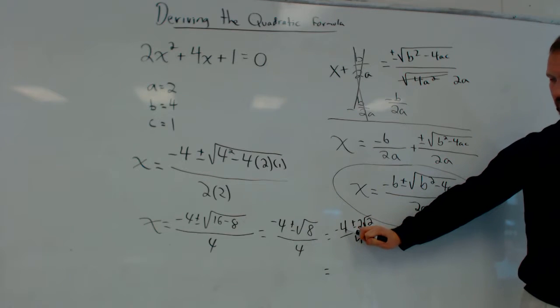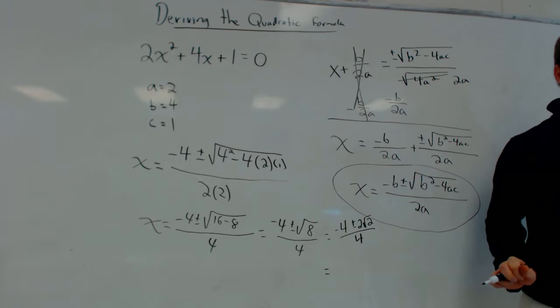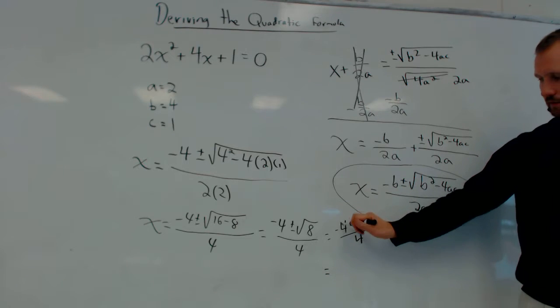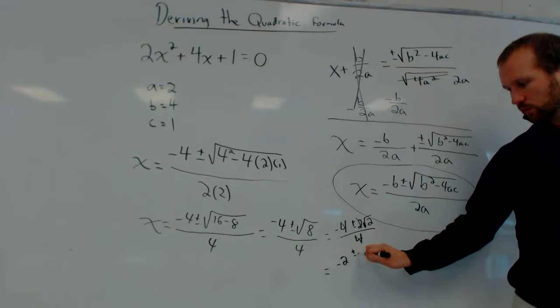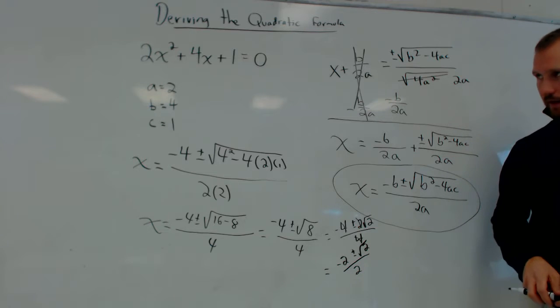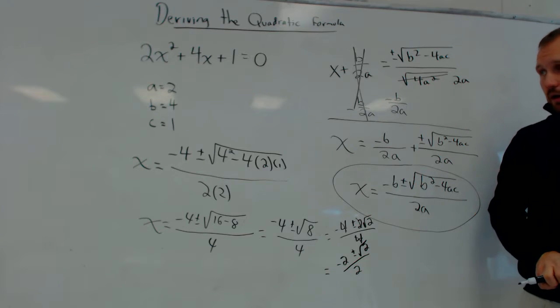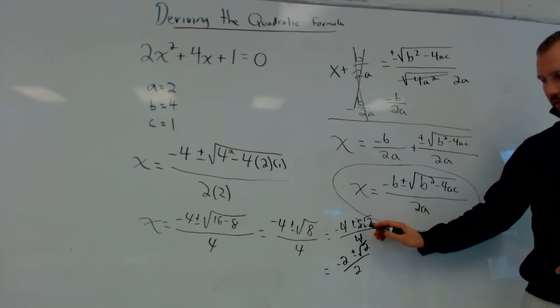Every single one of these terms has a 2 in it. So I can cancel 2. So the final answer to this one would be negative 2 plus or minus the square root of 2 over 2. I canceled a 2 out of this, right? But I had to cancel it out of every single term.